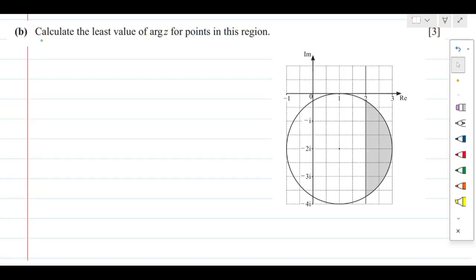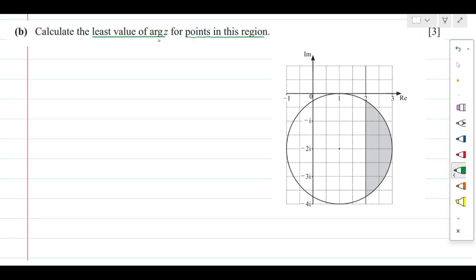Now for part B, calculate the least value of argument of z for the points in this region. Okay, so as we know, argument of z is the angle between the positive real axis to whatever your complex number is, right?